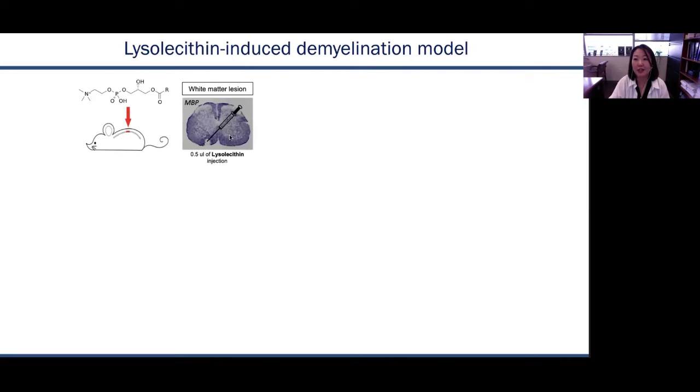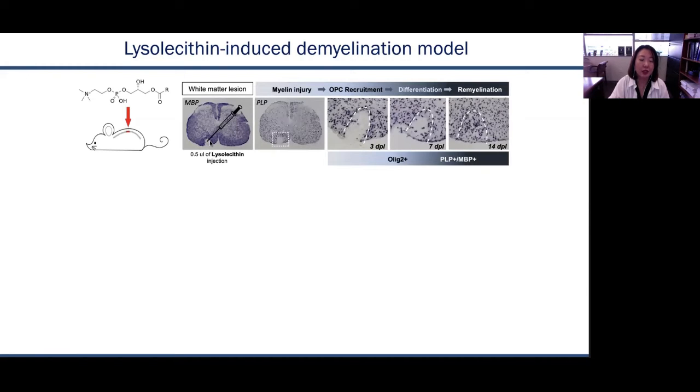Lysolecithin is a kind of chemical detergent. It actually melts the myelin and ultimately kills the oligodendrocytes. When you inject lysolecithin in vivo, either in the ventral white matter of the spinal cord or the corpus callosum of the brain, you see over time nice demyelination and remyelination.